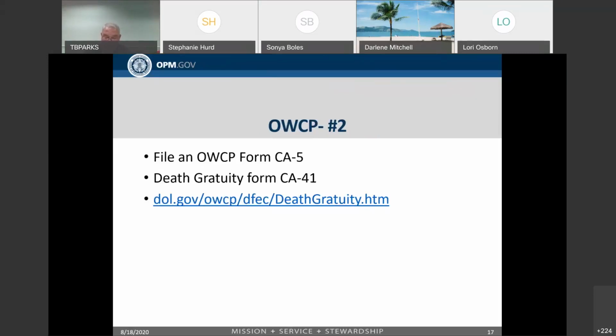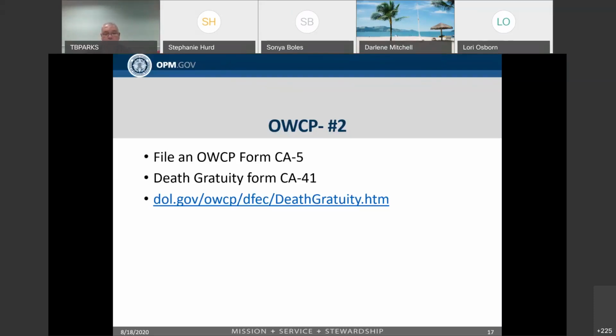The death gratuity form CA41 can be submitted by the survivor directly to OWCP to apply for the death gratuity. OWCP will reach out to the agency for a CA42 form. The CA40 beneficiary form should also be sent if there is one.